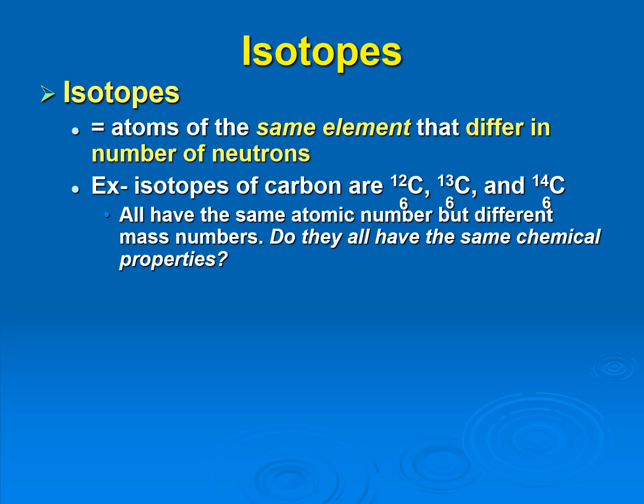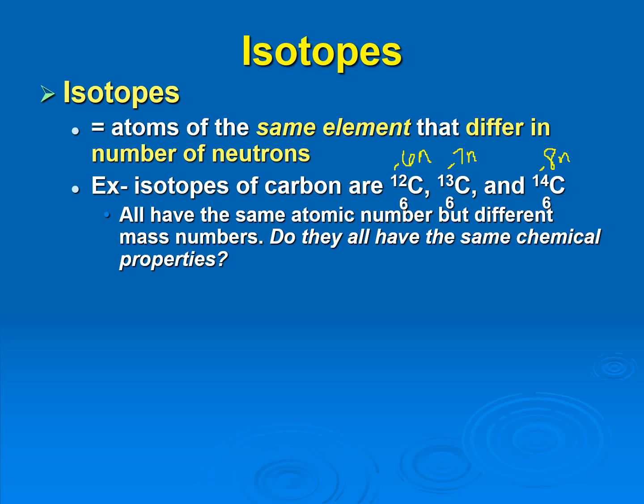So what they're going to be differing in is the number of neutrons that each have. So they each have 6 protons, but carbon 12 here would have 6 neutrons, because if you do 12 minus 6, that would give you 6 neutrons. And then this one, 13 minus 6, this would give you 7 neutrons. And then this one, 14 minus 6, this would give you 8 neutrons. Okay, so these are all going to be the same element.